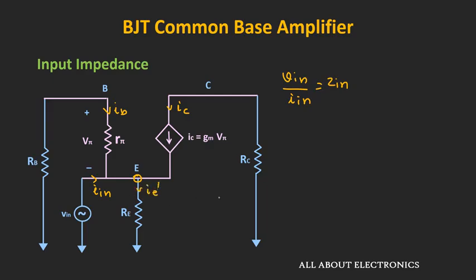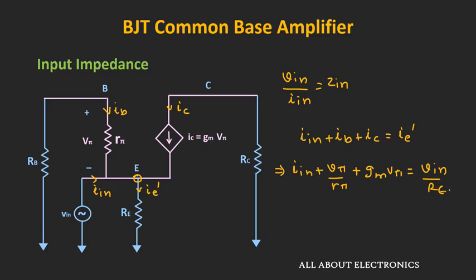So if we apply the KCL, then we can write current In plus IB plus IC is equal to IE dash. Now here, this current IB is equal to V pi divided by R pi, right? That means we can write this expression as current In plus V pi divided by R pi plus Gm times V pi is equal to Vin divided by Re.